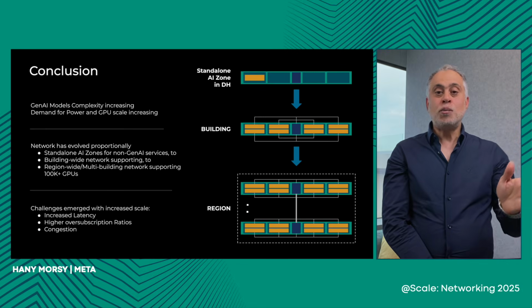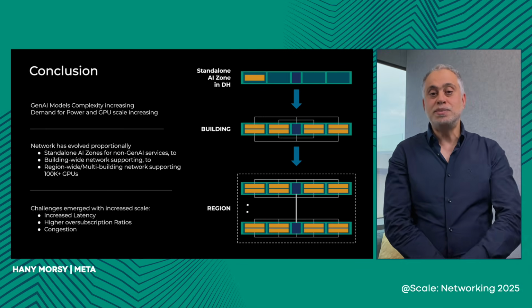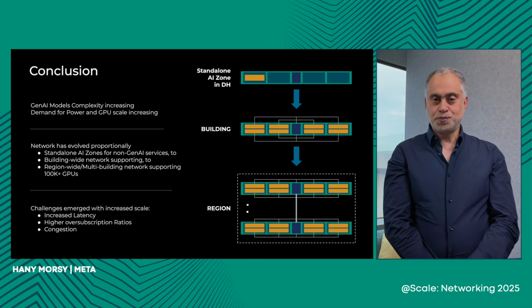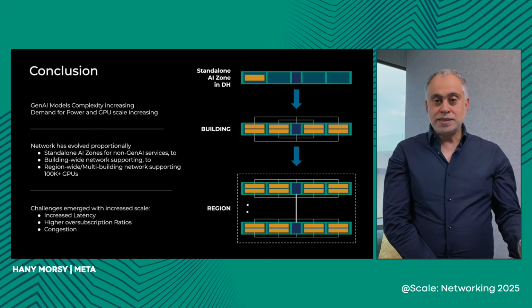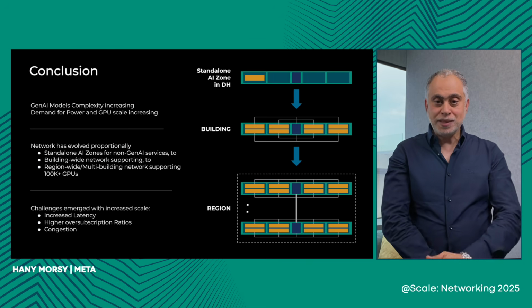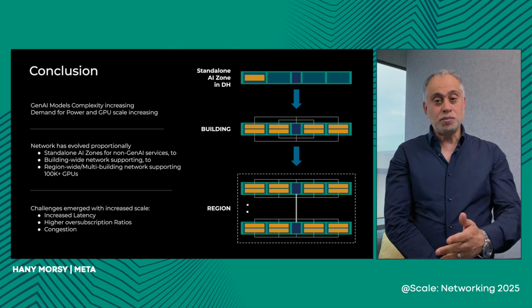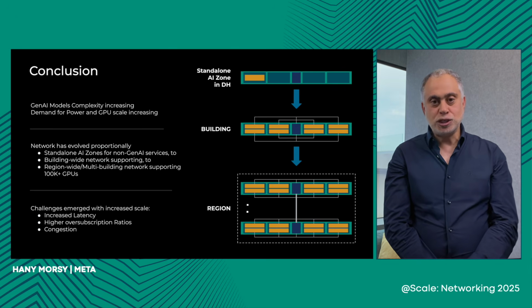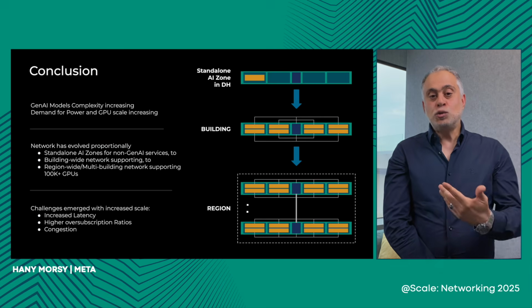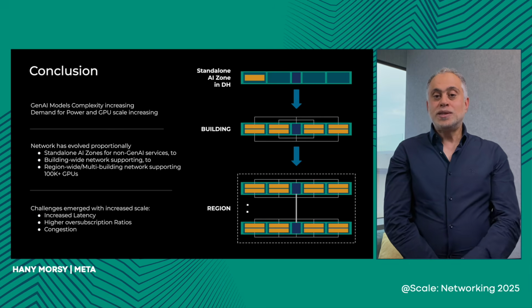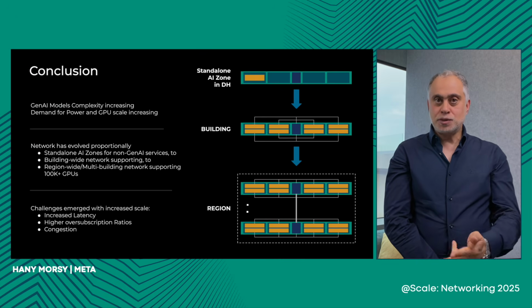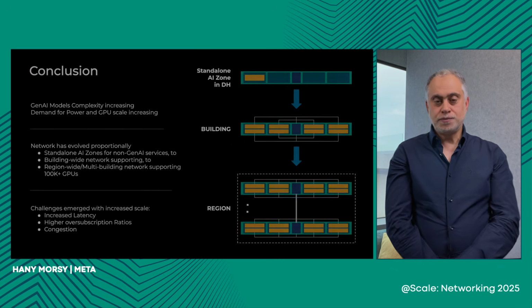But then we evolved from one data hall to a whole data center building, and that supported the first GenAI model. Then we expanded from one building to an entire region, encompassing 5 buildings and supporting a remarkable scale of 129,000 GPUs. Another takeaway is that new challenges emerged with larger network diameter around latency, oversubscription, and congestion.